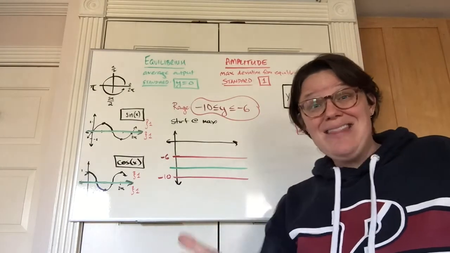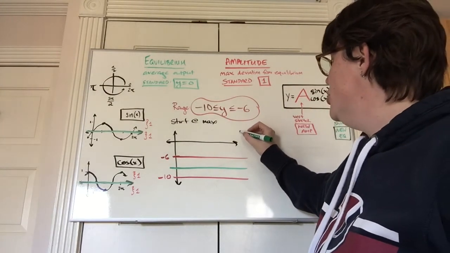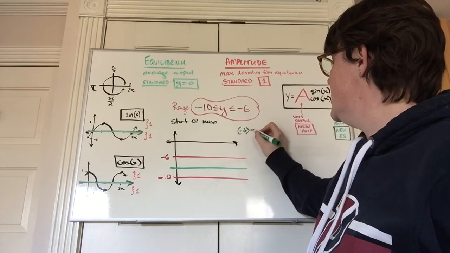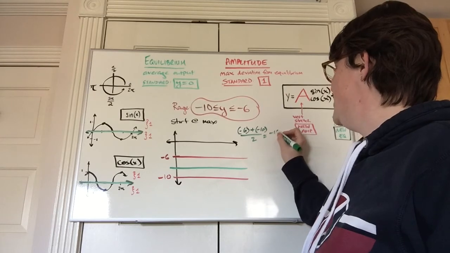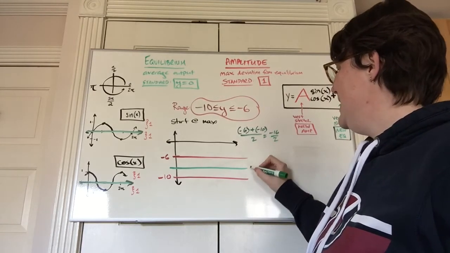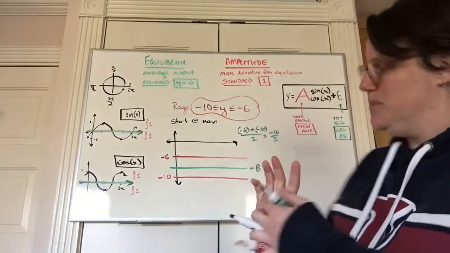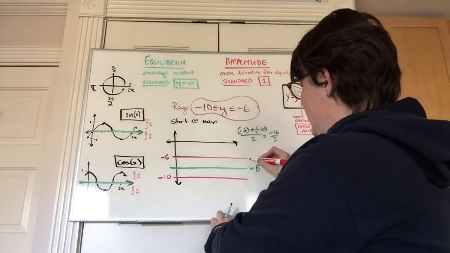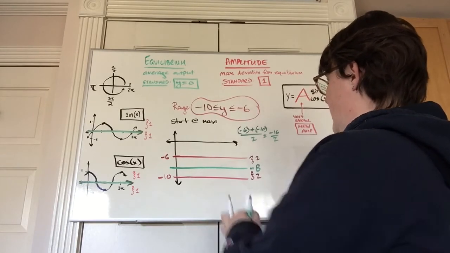But you can also add the top and the bottom together and divide by 2. So if I were to do -6 plus -10, I'd get -16 divided by 2. The average output for this graph is -8. And that makes sense because -8 is 2 below -6 and 2 above -10.